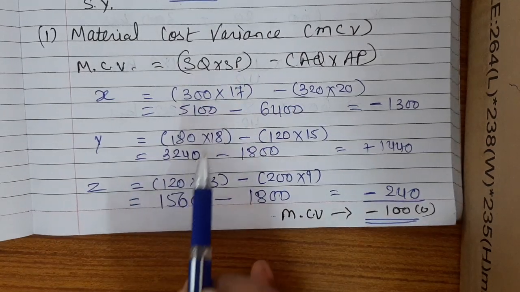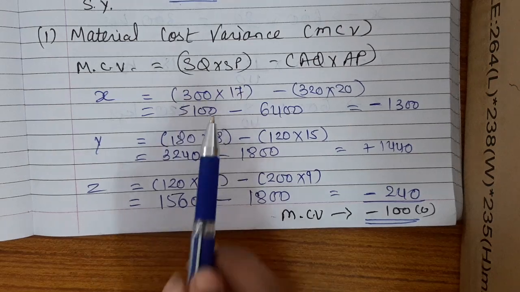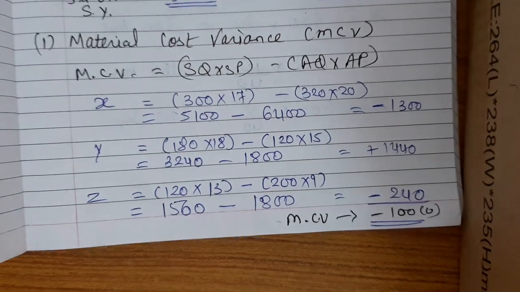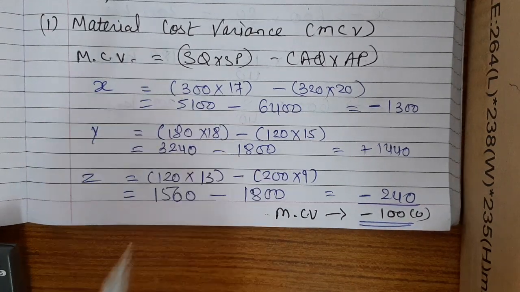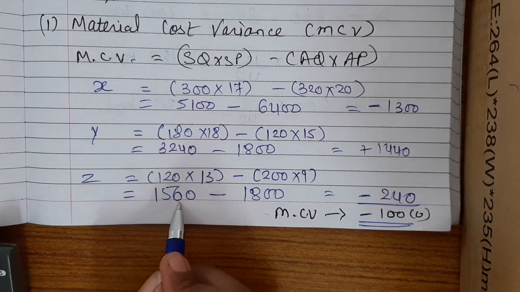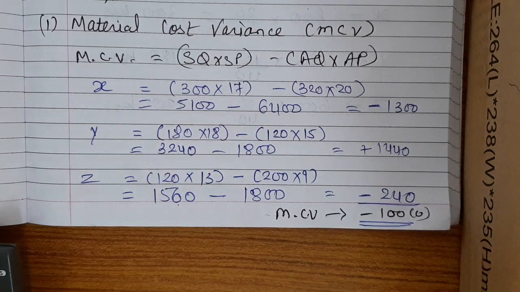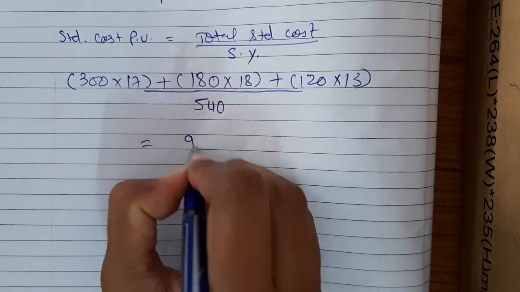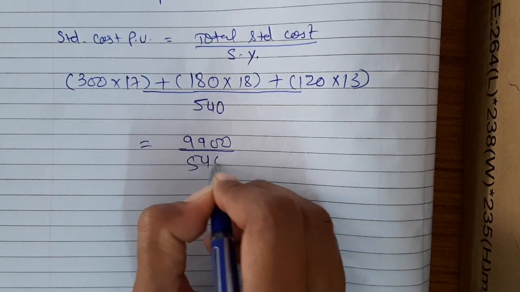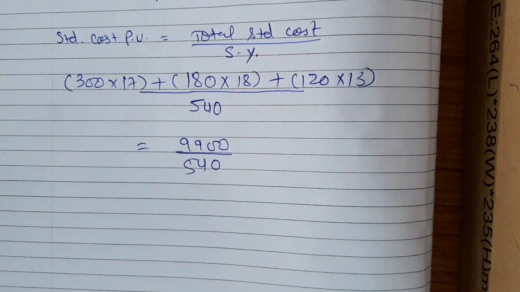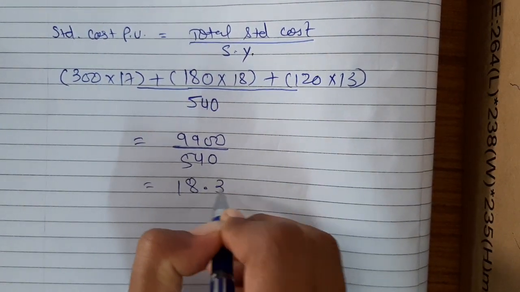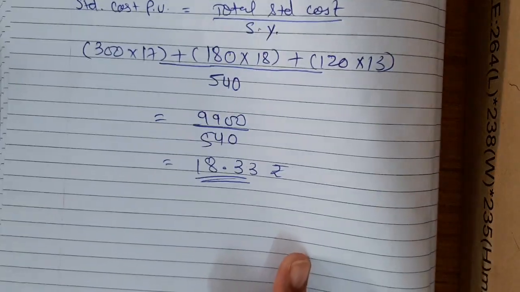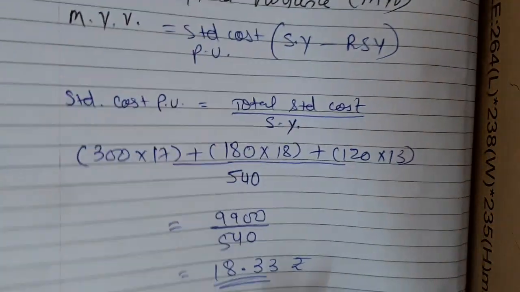Let me add the three products: 5100 plus 3240 plus 1560. So that would be directly 9900 over here, divided by 540. So my standard cost per unit is 18.33 rupees.